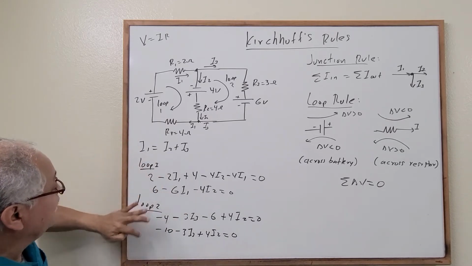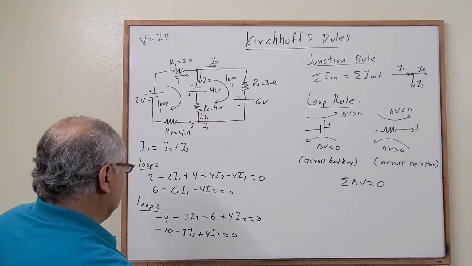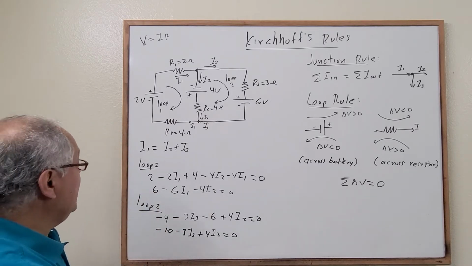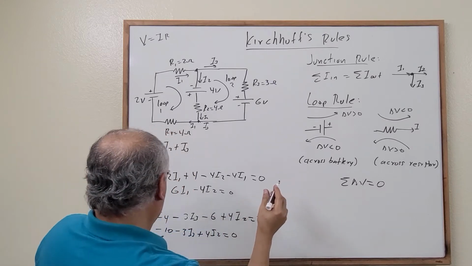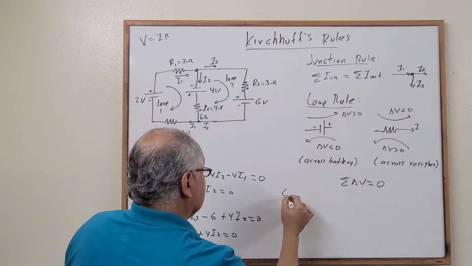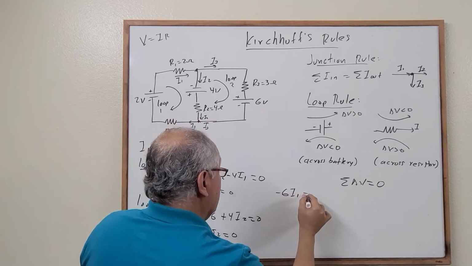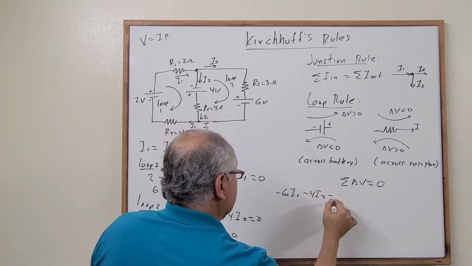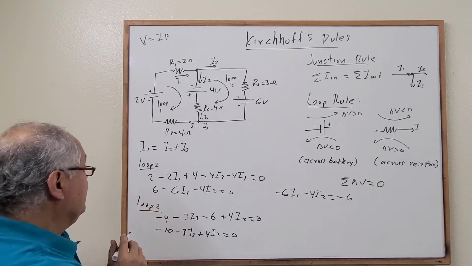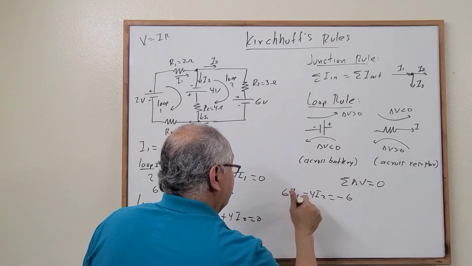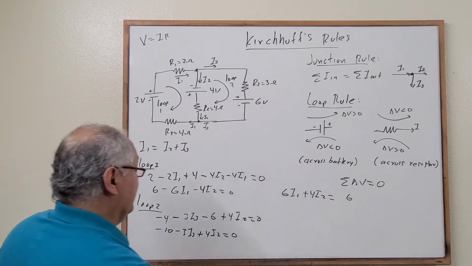We have 1, 2, and 3 equations. We can, for example, reduce this to these equations. We have negative 6 current 1 minus 4 current 2 is equal to negative 6, correct? This one. We can make this positive, right? Positive, and positive. Okay, perfect.